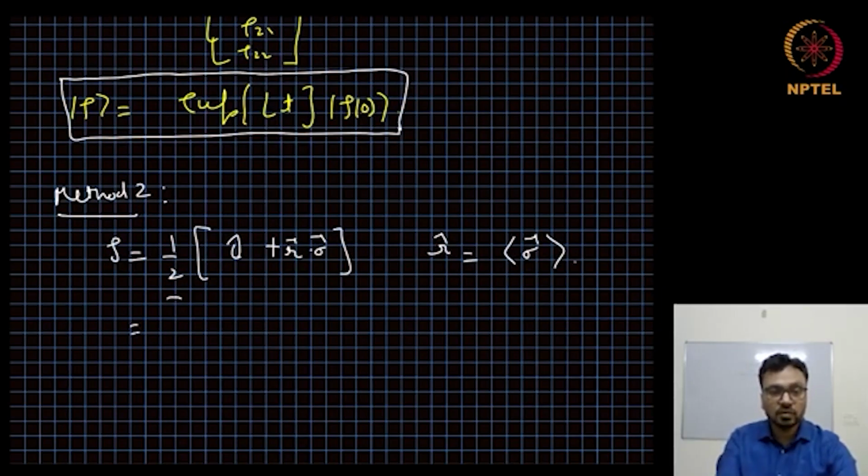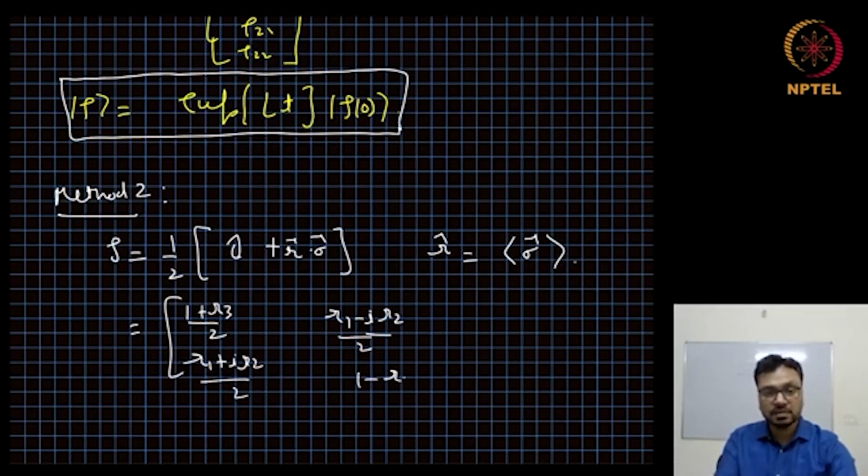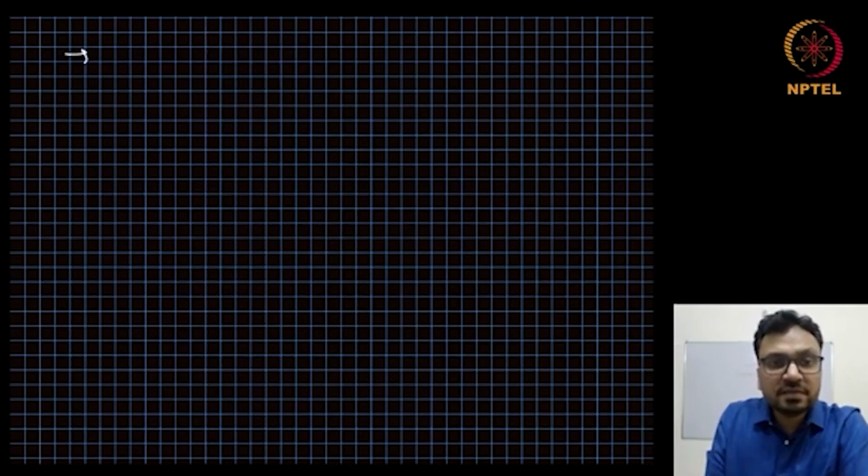So our rho can be written as (1 plus R3) over 2, (R1 minus iR2) over 2, (R1 plus iR2) over 2, and (1 minus R3) over 2. From here we can see rho 11 is (1 plus R3) over 2, and that is the population of the ground state.